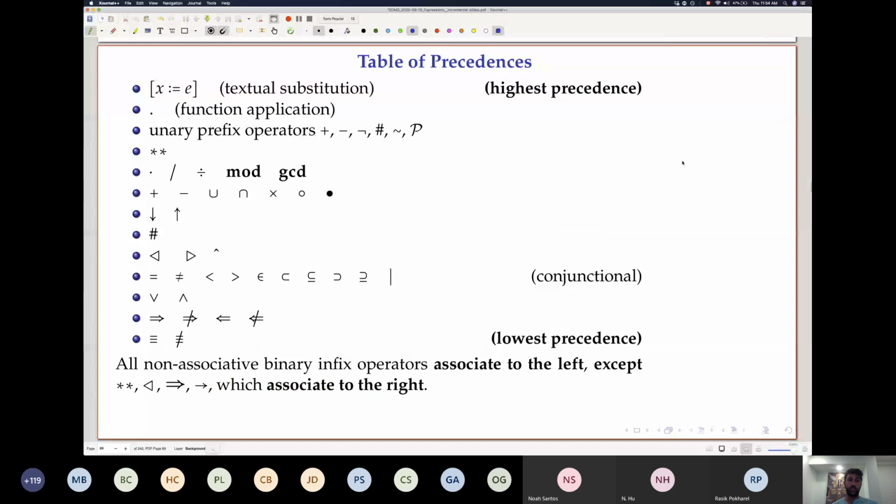As seen in the previous slide and mentioned down here, in particular for us, implication, the stick right arrow, is going to be associating to the right. Okay, so if you have P implies Q implies R, that always means P implies (Q implies R). All right.